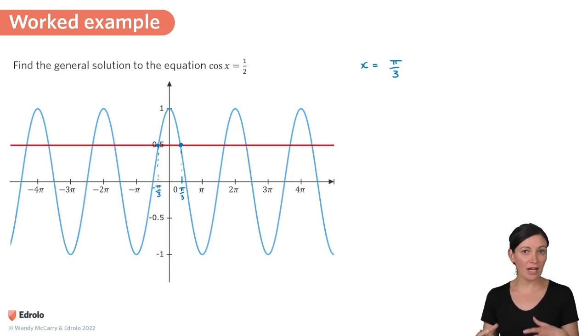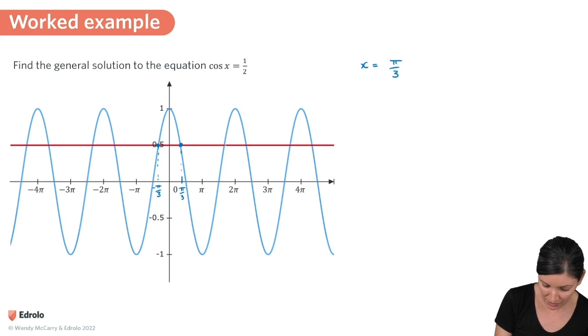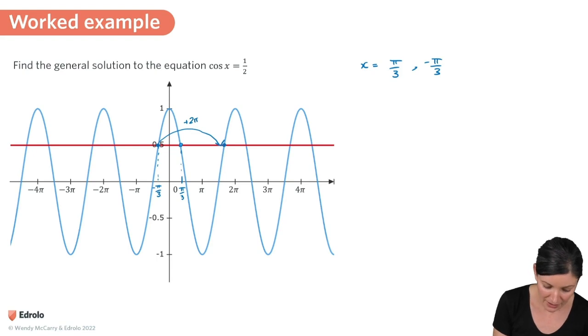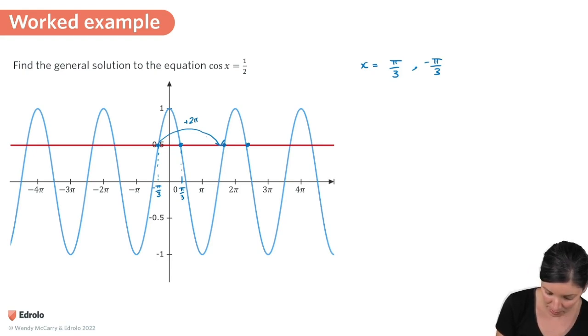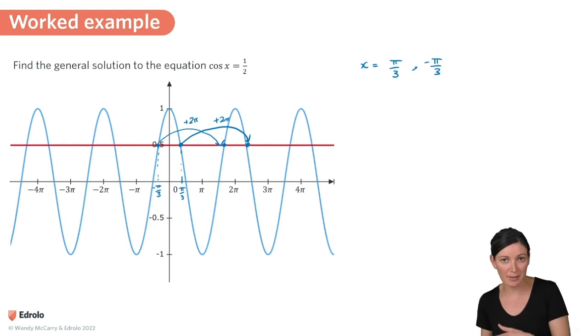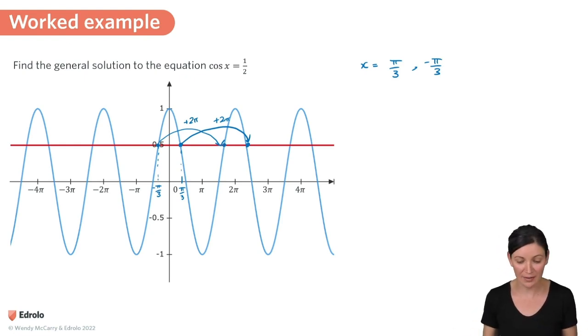Now for every other solution, if I want to get to this solution here, that's negative pi on 3 plus another 2 pi, okay? And to get to this solution here, I'm doing my pi on 3 plus 2 pi again, okay? And then that same thing keeps happening. I keep adding on multiples of 2 pi, okay?